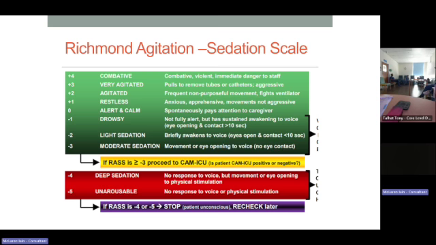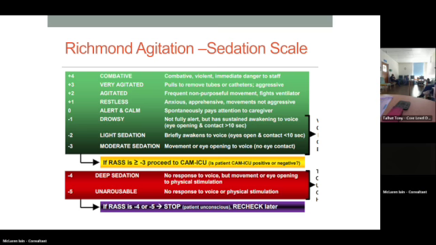When titrating sedation, we're mandated to use the least sedation possible to produce a patient who is comfortable, but ideally calm. So we measure this using the RASS, the Richmond Agitation Sedation Scale, which goes from +4 all the way down to -3.